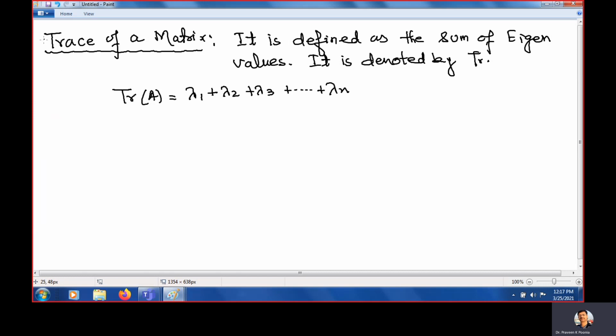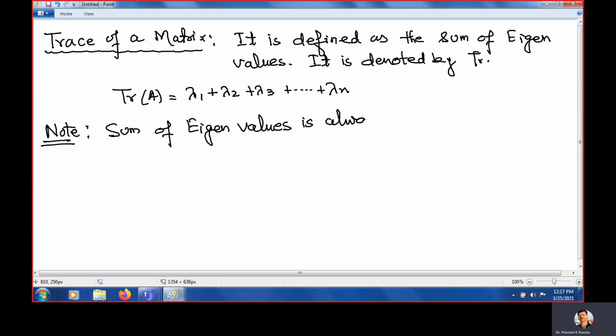Now, important note. The sum of eigenvalues is always the same as the sum of all the diagonal entries.